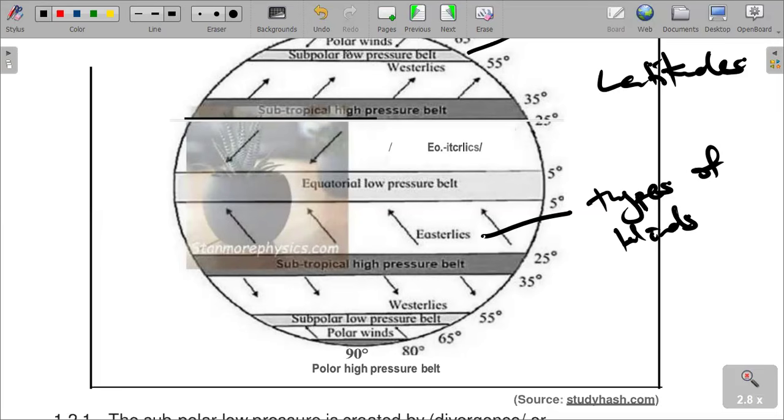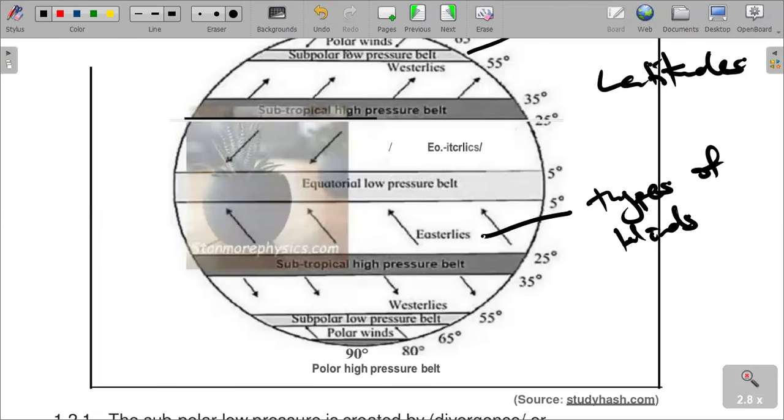Then the polar winds, which go to 90 degrees, and the high pressure belt found there.